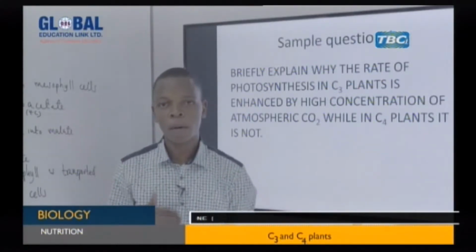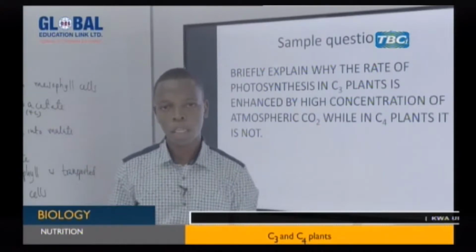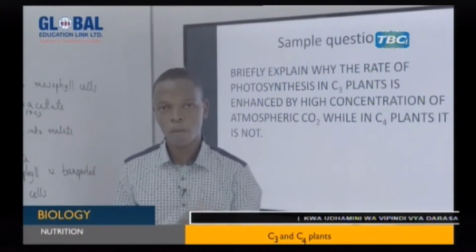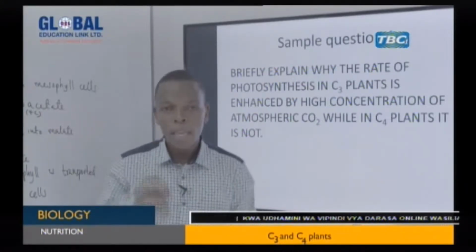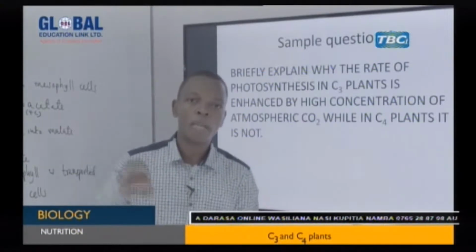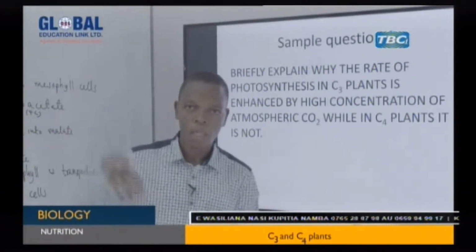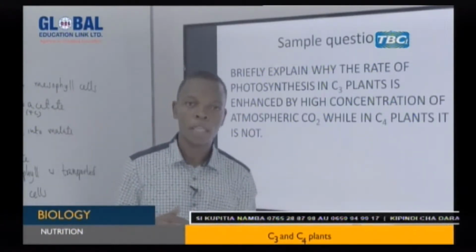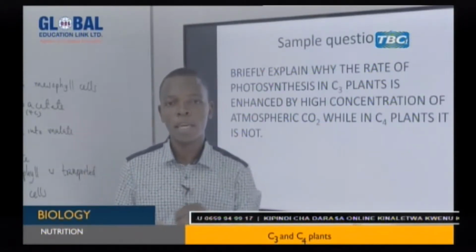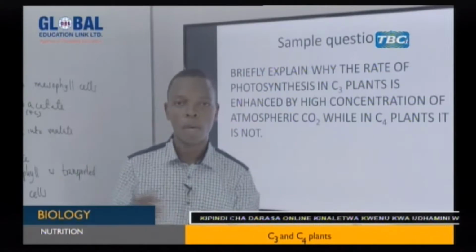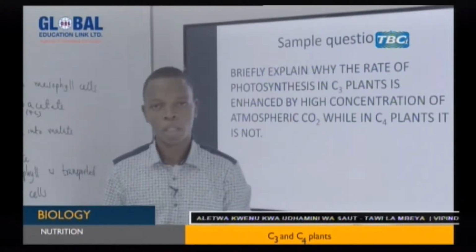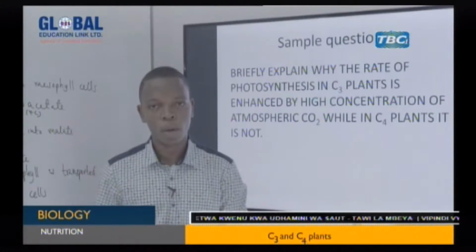Therefore, even there is an increase in carbon dioxide concentration, cannot cause any effect on the rate of C4 plant because of inner cells or higher concentration of carbon dioxide compared to that of atmosphere. Therefore, the C4 plant is able to maintain high carbon dioxide concentration in the inner bundle sheath cells compared to that in the atmosphere. See, this is a response we expect you to answer from this question.